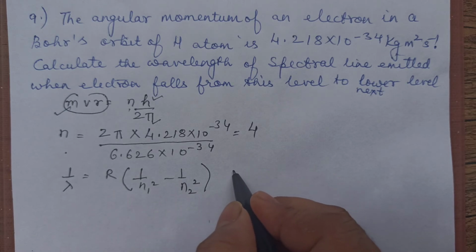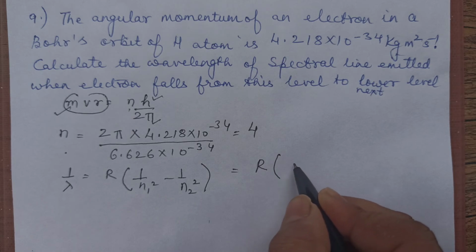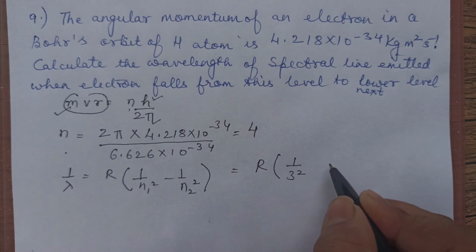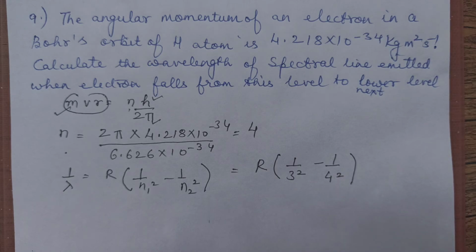Now we will put the value here, children. It is R into 1 by 3 square minus 1 by 4 square. Got it? Now we are going to put the R value, or as I said, you can take the reverse also. If I solve it, I get lambda equal to 1.876 into 10 to the power minus 4 centimeter.